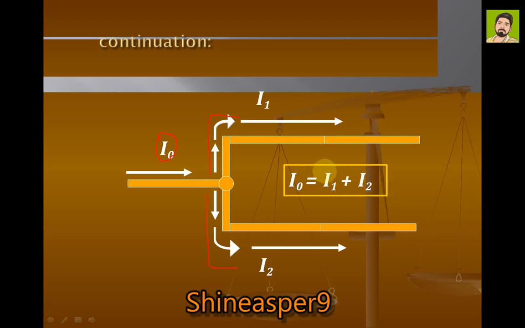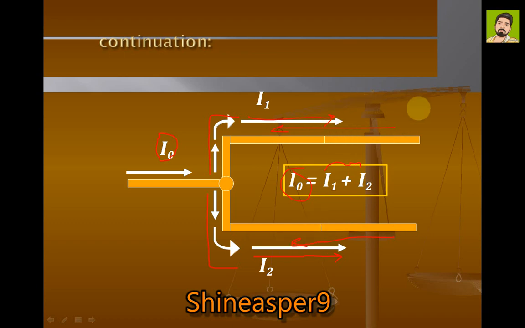This is the adding position: I1 and I2 make I0, the initial current. So this is the direction of the current, while the electrons' pathway is the other way.